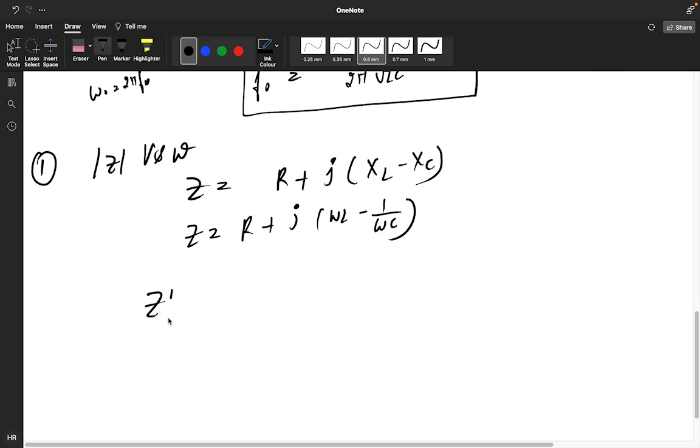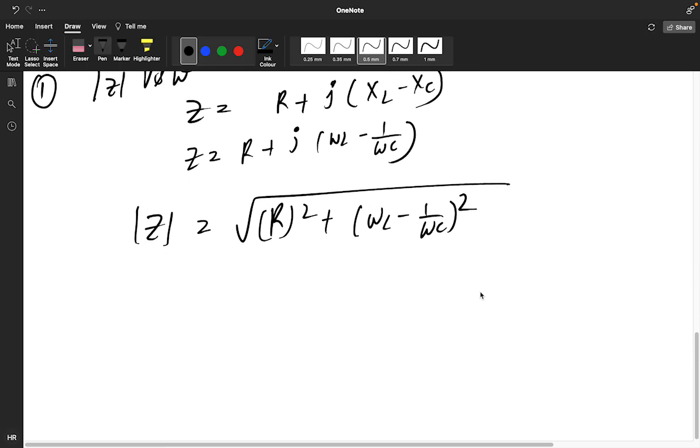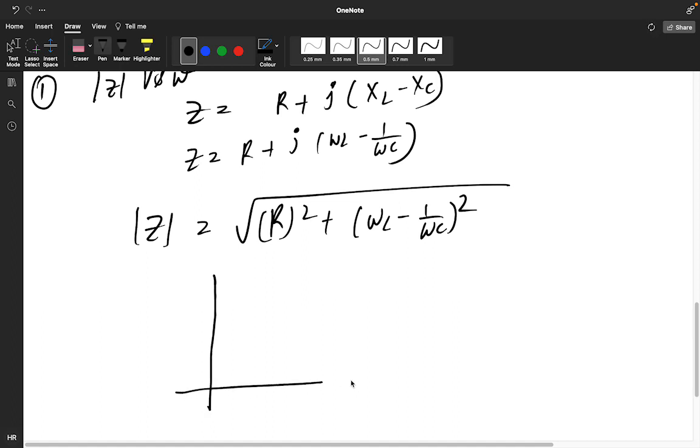And mod Z value will be root under R square plus (omega L minus 1 by omega C) the whole square. This is your mod Z value. This particular point is your omega naught value.